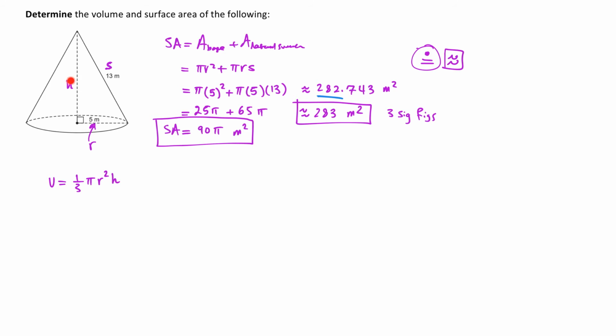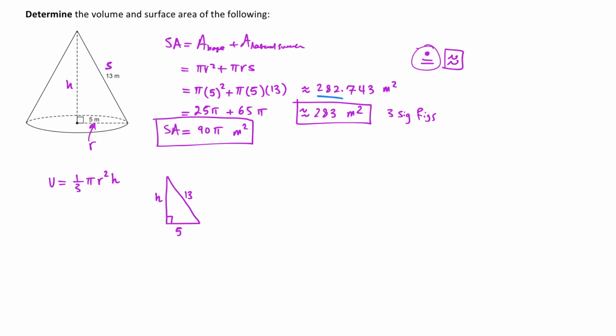So for h, I can see that this little part over here has formed a right angle triangle. So I'm just going to draw that out over here. So this is a right angle triangle. My radius is 5. My hypotenuse here is 13, and I don't know what h is, so that's what I'm trying to find.